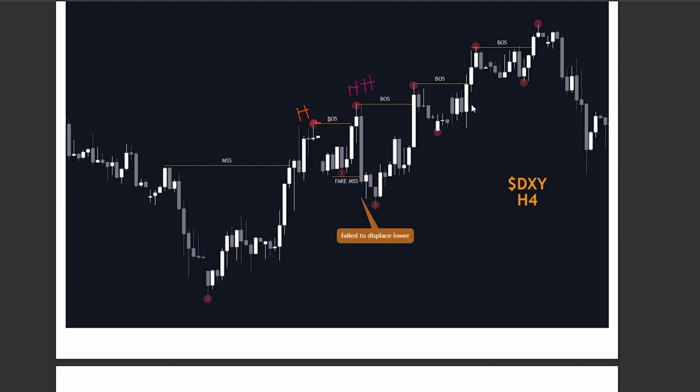We broke this high that was marked in the orange and created another higher high. This is basically termed as BOS or break of what? Break of structure. Why? Because we created a higher high by breaking the previous high that was marked in the orange.